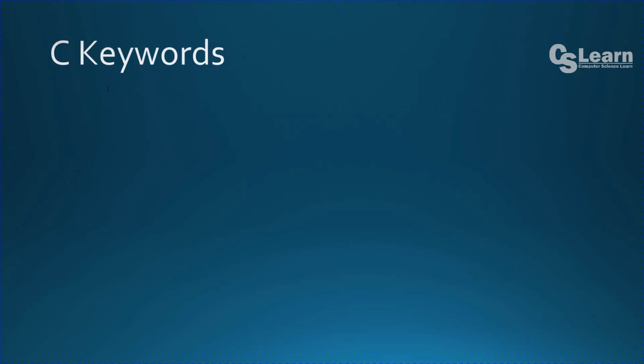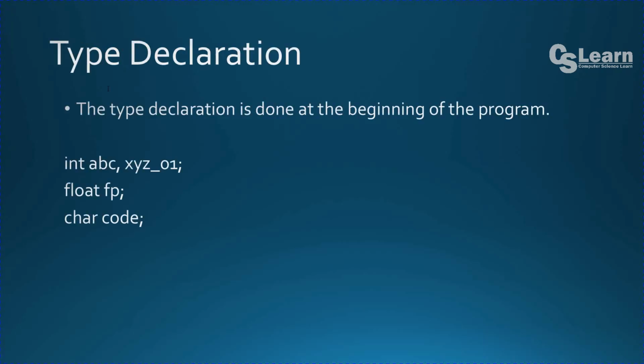Okay, next. Here the C compiler is able to distinguish between variable names by making it compulsory for you to declare the type of any variable name that you wish to use in the program.